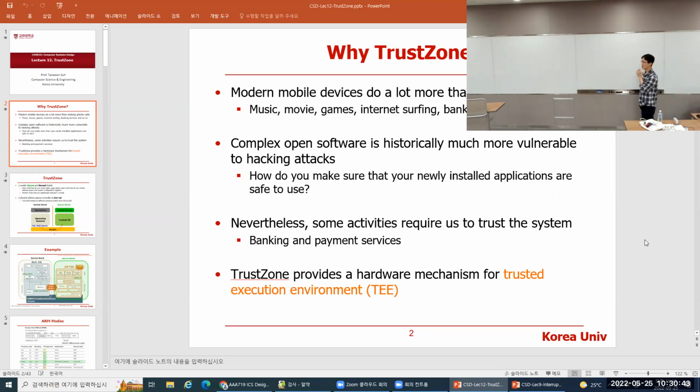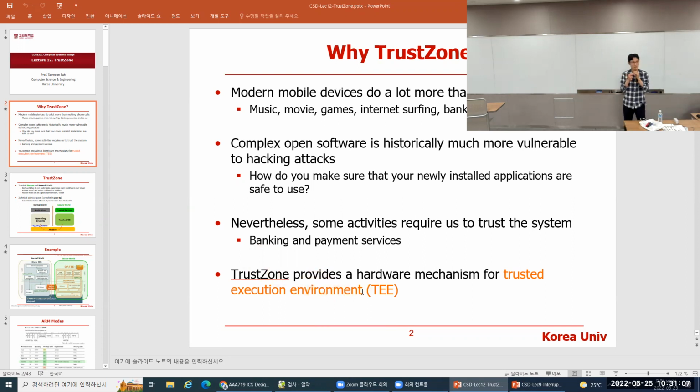Okay, so as we all know, security is such an important aspect we have to consider when you design a computer system. So CPU vendors are making efforts to provide the TEE environment.